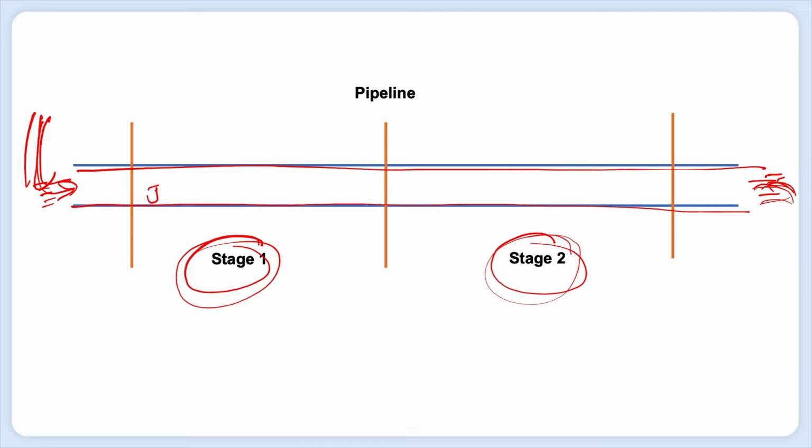Here we have job 1 and here we have job 2. Job 1 has a task to filter the water. Job 2 has another task, another layer of filtering, and then finally the water comes out here. The same thing happens in an Azure DevOps pipeline.